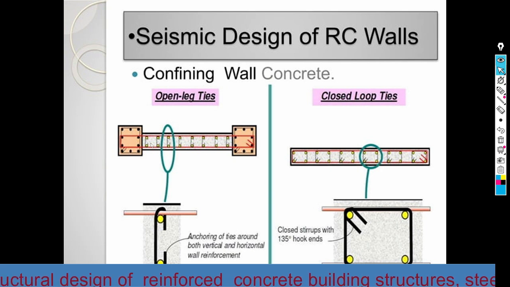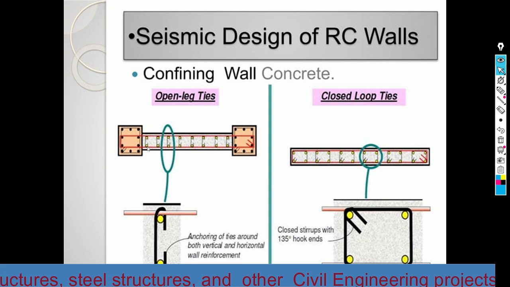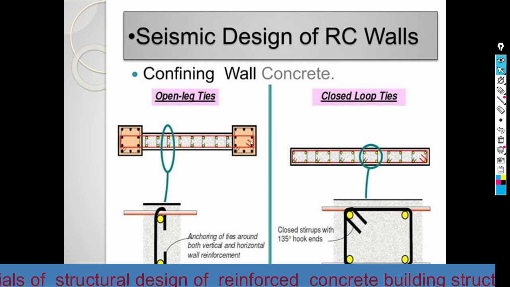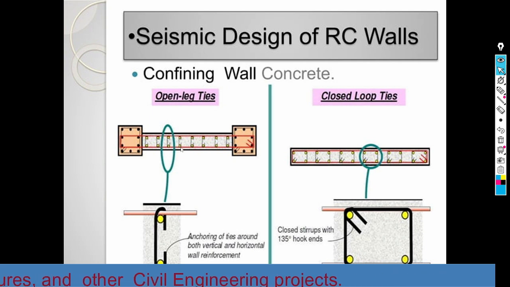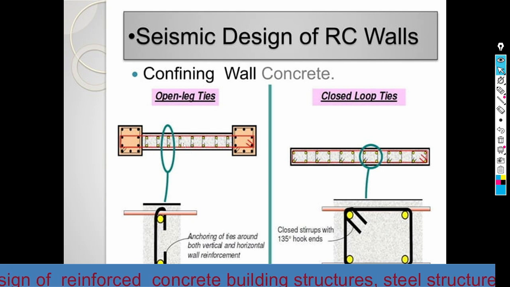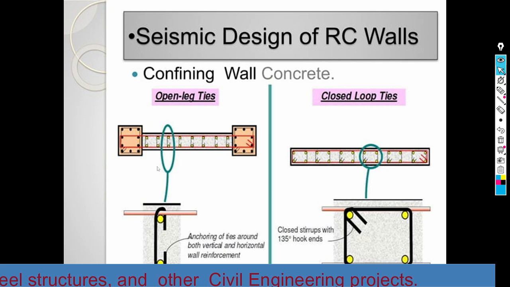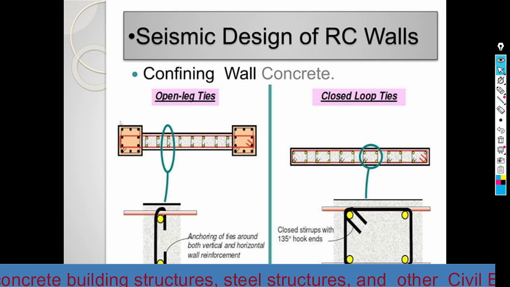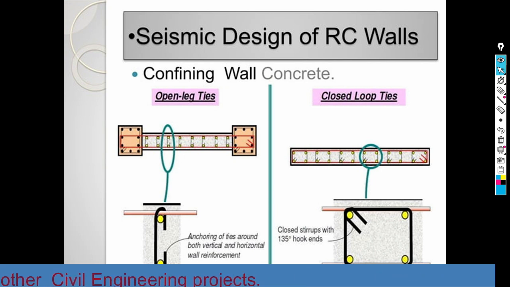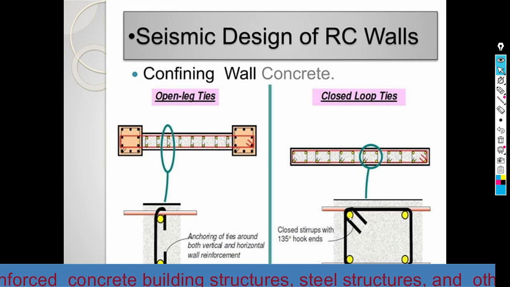The provision of ties must follow the provisions for columns, because a shear wall can be designed as a column, as we have already said. The spacing between these should not exceed 200 millimeters for the medium ductility class. We can follow the design principles of columns. When we see the detail of the open leg ties, it looks like this, and the closed loop ties look like this.